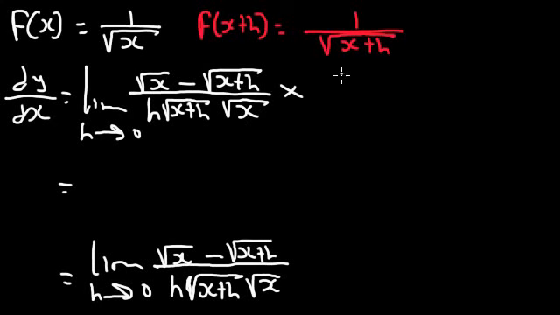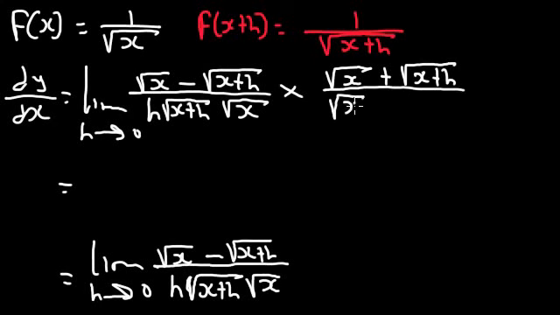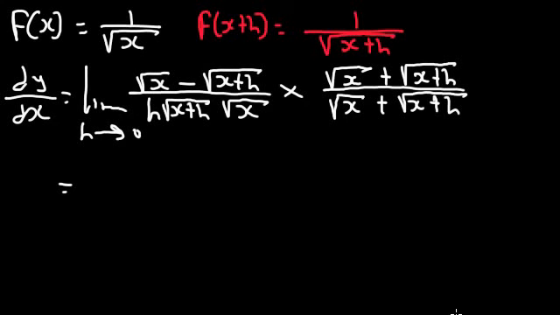Now we're multiplying by the conjugate, that's root x plus root x plus h, then divided by root x plus root x plus h. So just make sure you're taking the steps one after the other to avoid silly mistakes.